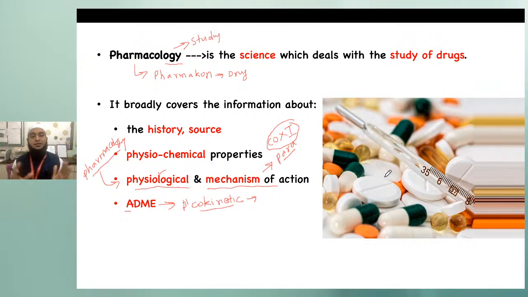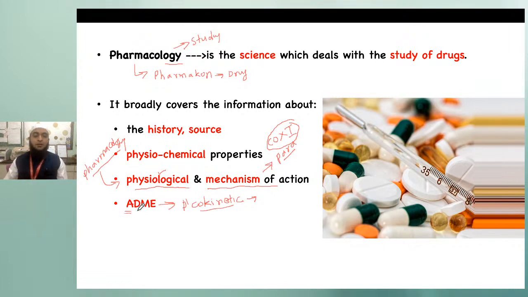So when the drug is dissolved into your GIT system, now it is present in very fine particles, and these fine particles can be absorbed from your stomach or your intestine depending upon the nature of the drug. Okay, so it will be absorbed from your stomach or the intestine, and it goes to the blood circulation. So the movement of the drug from your GIT into systemic circulation, that is blood, is called absorption.